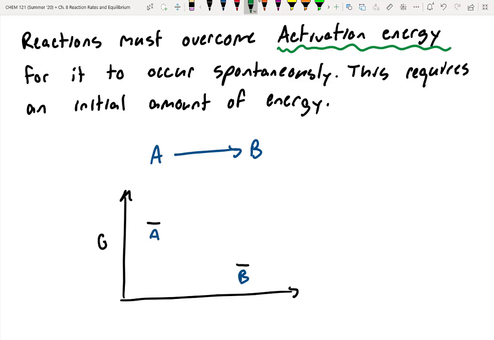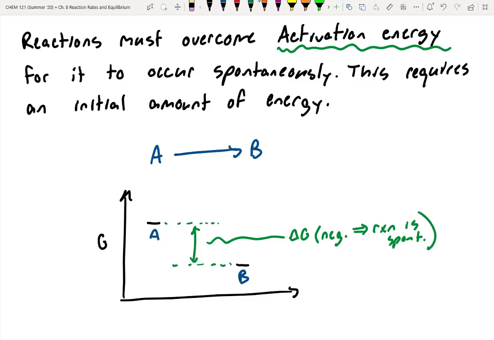And we said in our previous video that essentially we could measure this difference to determine if a reaction's spontaneous, right? So over here we could say that this is our delta G, and in this case it is negative, which means that the reaction is spontaneous.